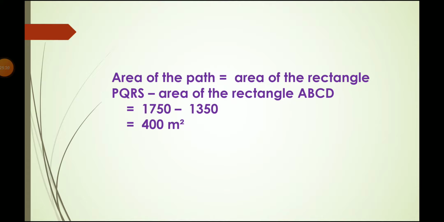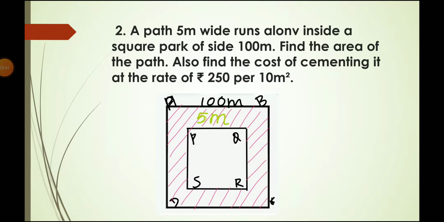The values are 1750 minus 1350. If we subtract these two values, we get 400 meter square, because here we find the area of the path. That's why we put the square term. So see, the same method, but here we change only one word and the shape is changed.